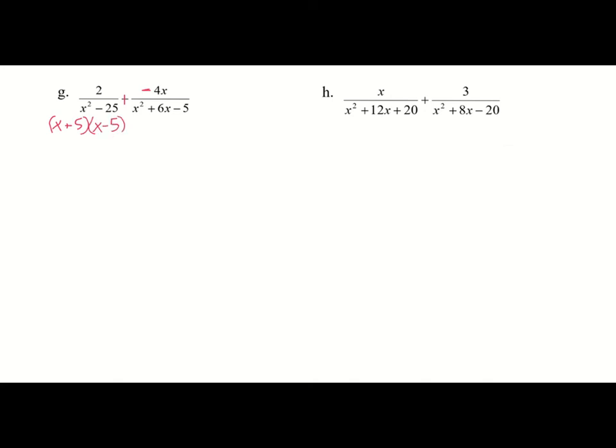So you see that difference of perfect squares right away because we've been factoring so much. Now, for the other denominator, we need to use a positive and a negative.